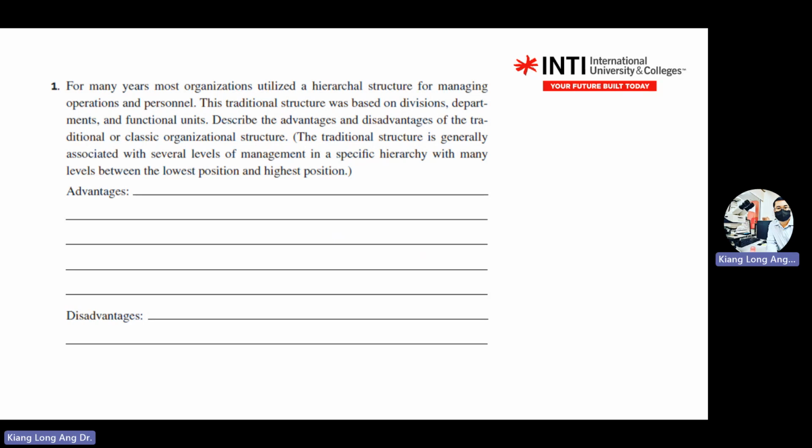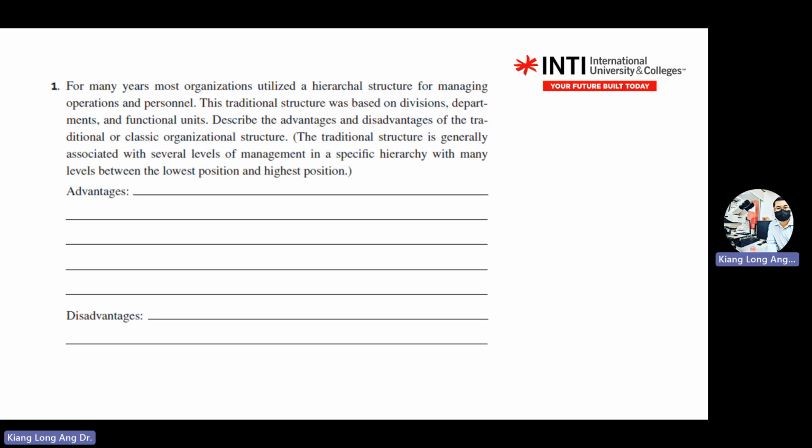So maybe the customer wants to know something related to these two, very specific to these two, but these two departments don't talk to each other. So it will be slow. Responding to the customer will be slow, or you can use the words might be slow or may be slow.